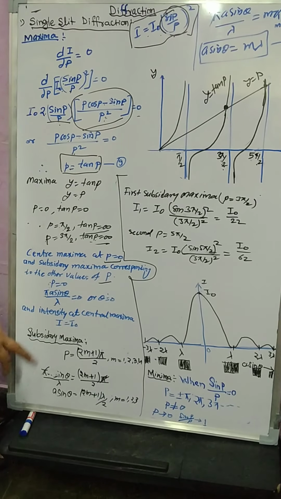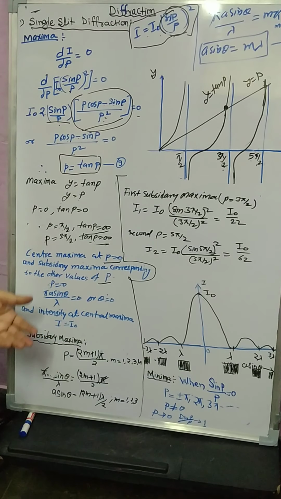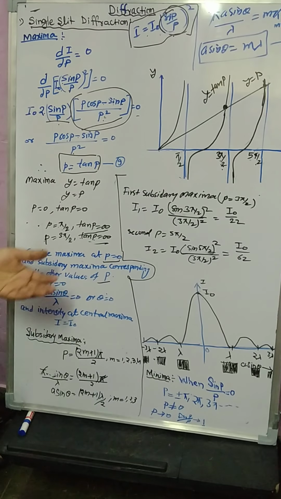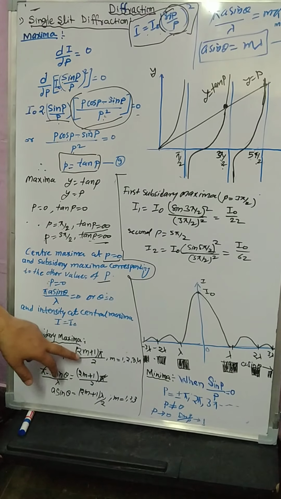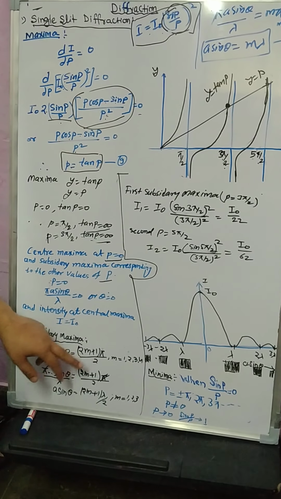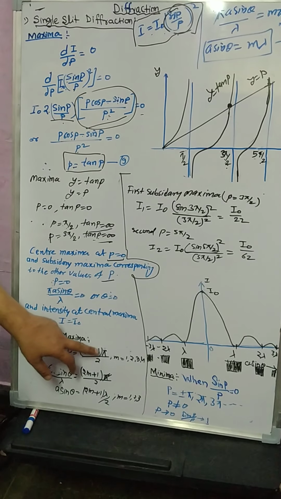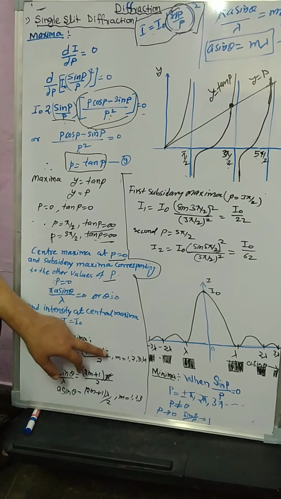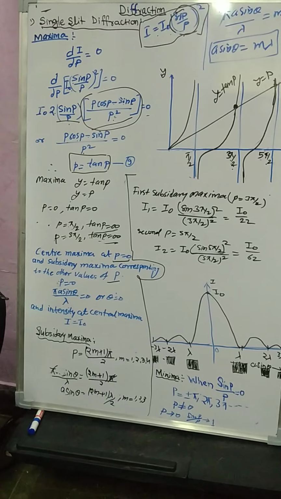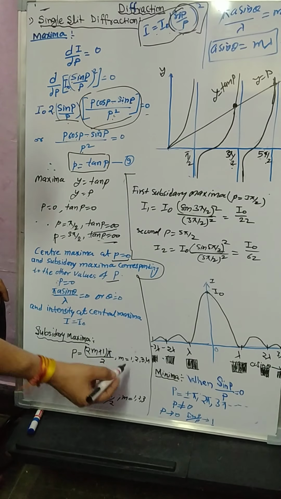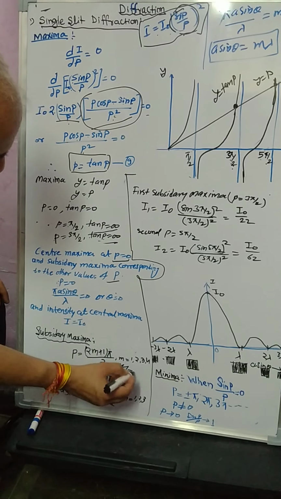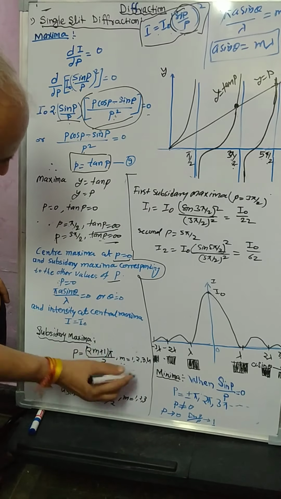Next, the subsidiary maxima, at values 3 pi by 2, 5 pi by 2, 7 pi by 2, so p equals (2m plus 1) pi by 2. Put m equal to 1, so 2 plus 1 equals 3 pi by 2; put m equal to 2, so 4 plus 1 gives 5 pi by 2, and so on. But m is not equal to 0, because that is the condition of central maxima, and we are discussing the subsidiary maxima.